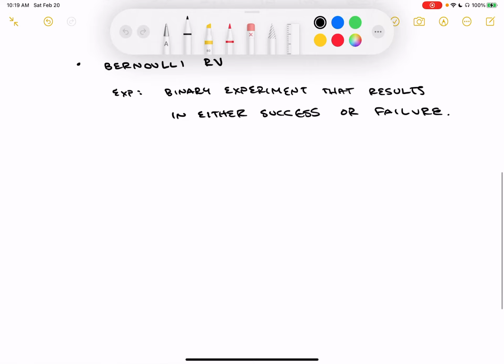So what does this binary or Bernoulli random variable look like? We would say something like this. I'd let the random variable X be equal to 0 if it was a failure, and I'm going to go ahead and let X equaling 1 mean it's a success. So we know that this guy can only take on two states, and we would expect that there's a probability associated with each of these. So the probability, for example, that X equals 1, that's the success probability.